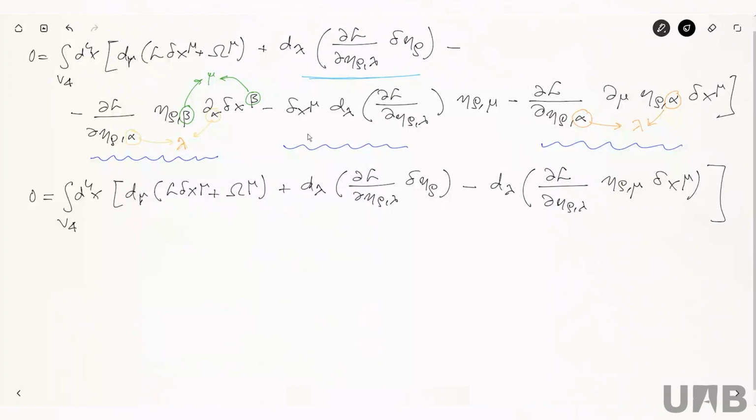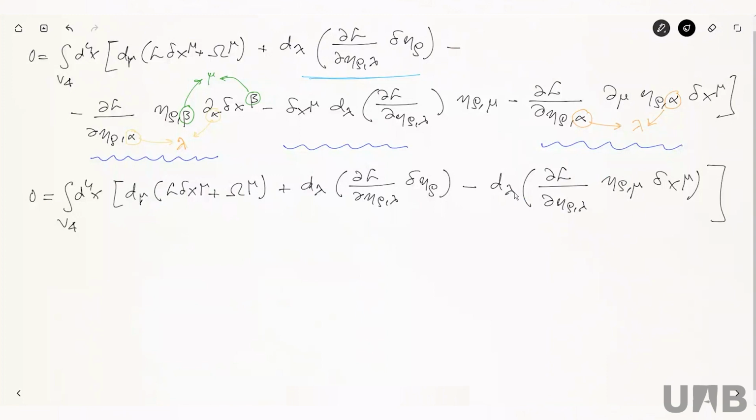This is delta x mu eta times the derivative of L. Exactly. So this guy is here, the first guy. Then I have another one in which the derivative acts on eta itself. And this guy is here.